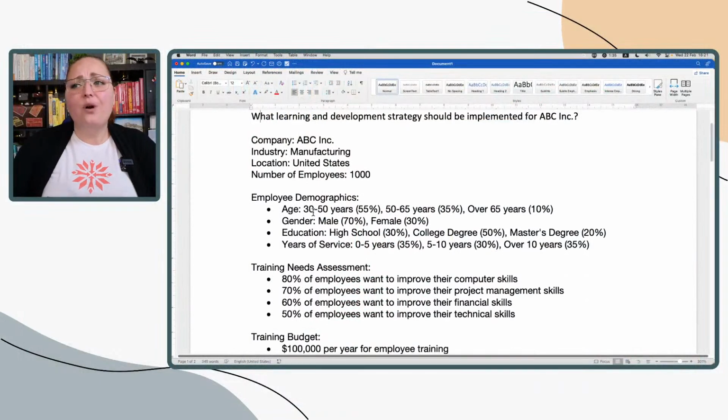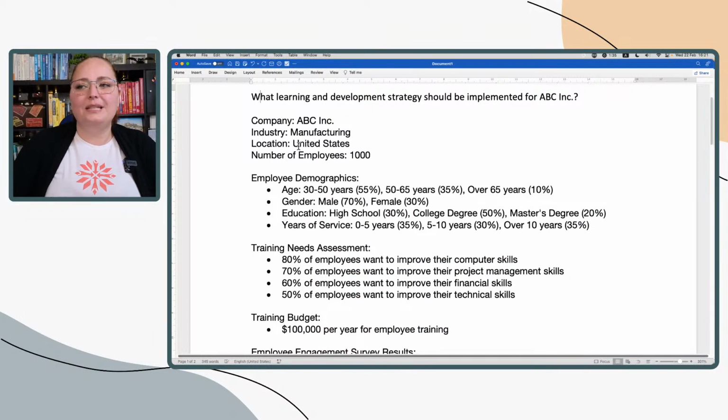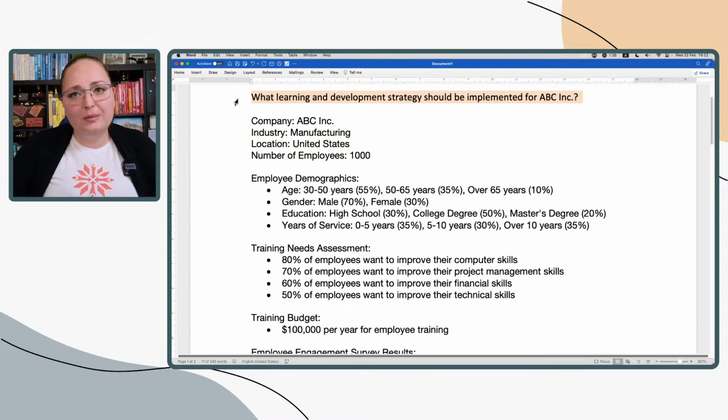Now, I did a few tests earlier today, so I kind of know what to expect, but let me walk you through the process. So what I've done is I have prepared a prompt that I'm going to ask ChatGPT to work with. And the question is, what learning and development strategy should be implemented for ABC Incorporated?